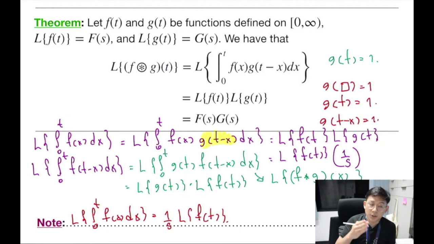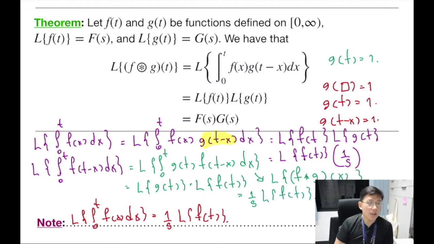But the Laplace transform of g(t) is the Laplace transform of 1, which is 1 over s again. So you get 1 over s times the Laplace transform of f(t).